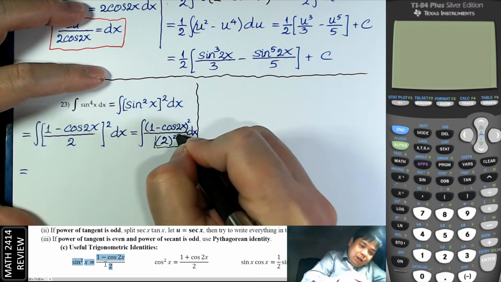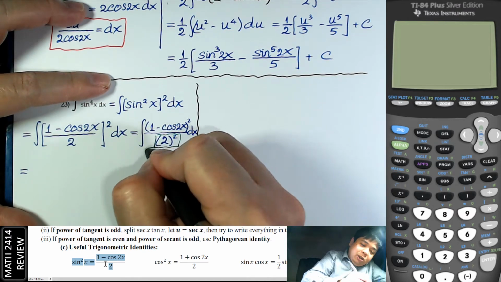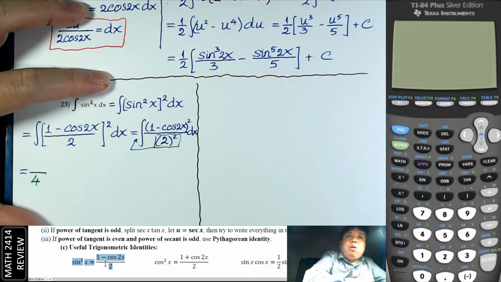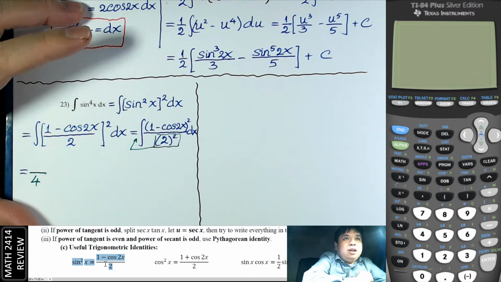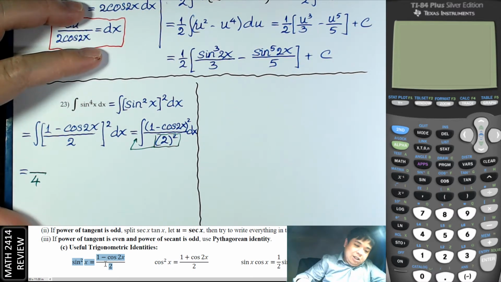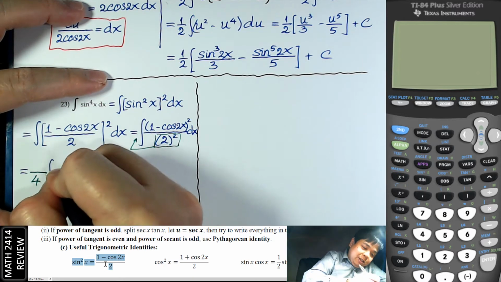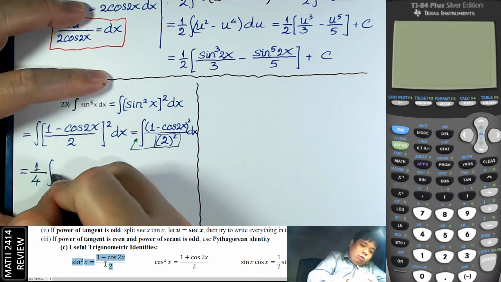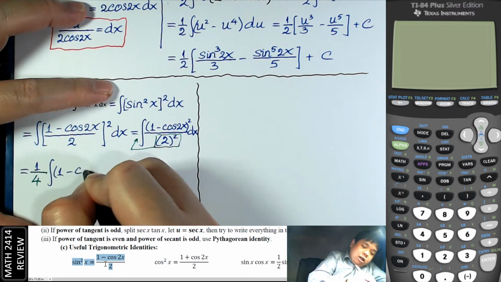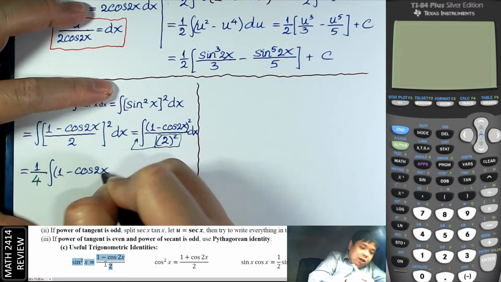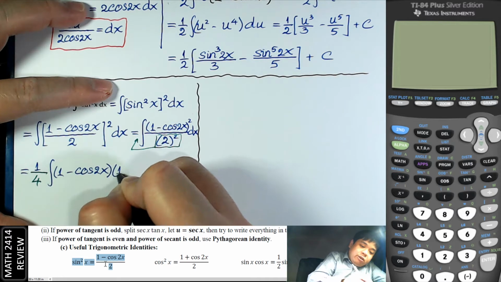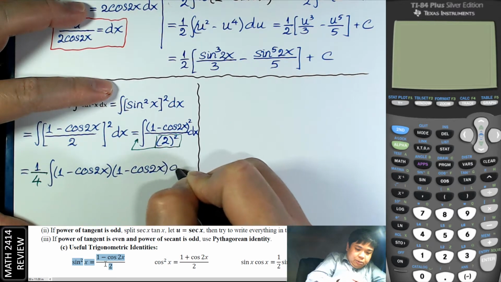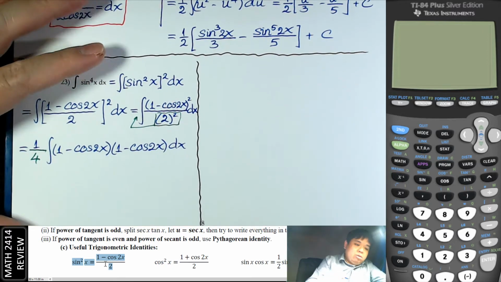So 2 square is 4, bring it outside. At the bottom is 4. And then we just have 1 minus cosine of 2x, a square is multiplied by itself. Right? Multiply it out.